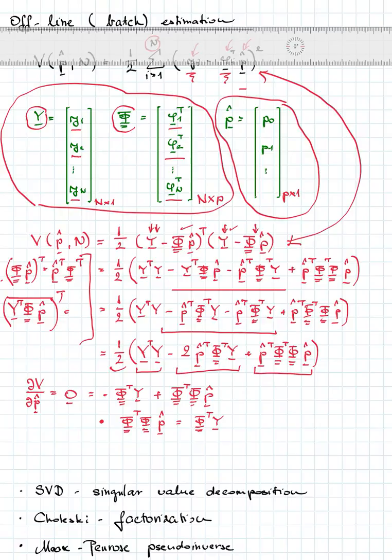The only unknown is the p hat vector. So we can write the following. P hat is equal to phi transpose phi inverse phi transpose and y. So this is a solution of this equation, and we can get the parameter vector elements.